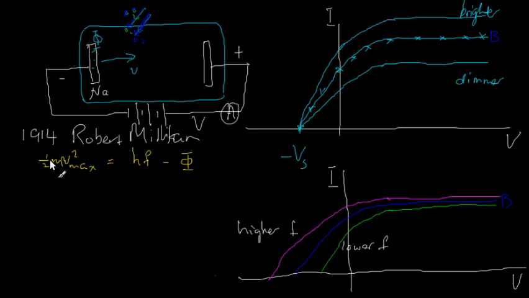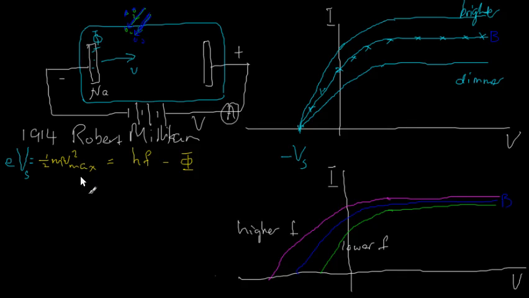And that the maximum kinetic energy is related to the stopping potential, because it is used to do work against the stopping potential. So therefore it is equal to the charge of the electron times the stopping potential. So we have such an equation.